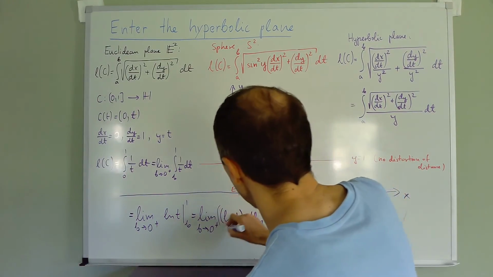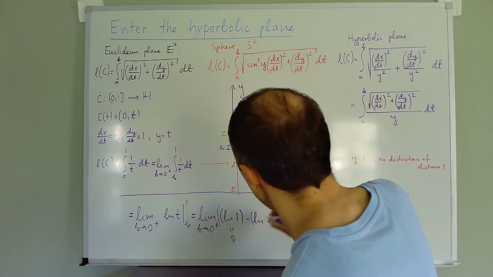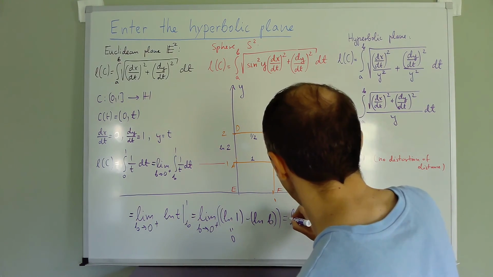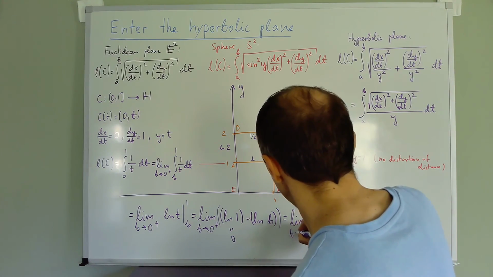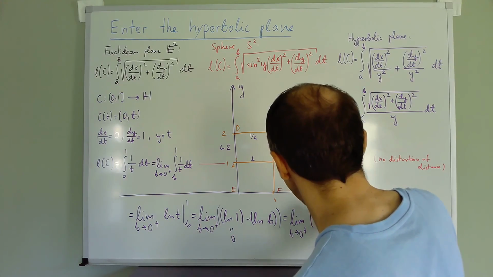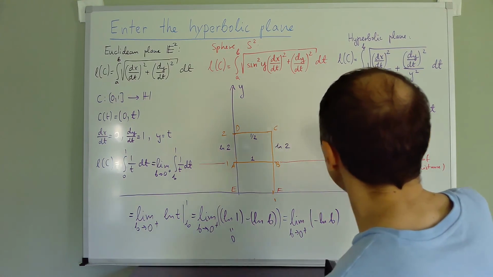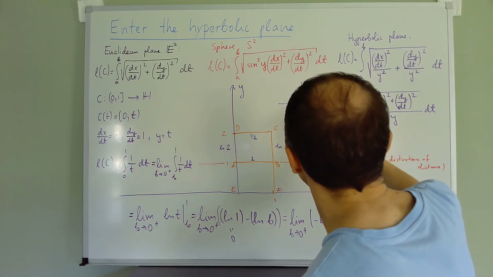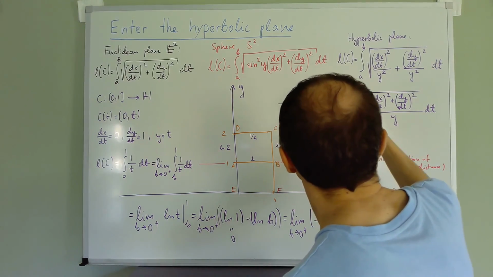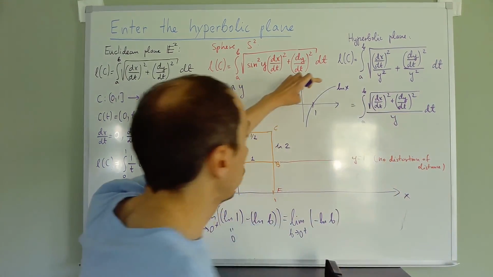Now, natural log of 1 is 0, so this is just the limit of negative natural log of b. But what's the graph of natural log? Natural log looks like this.